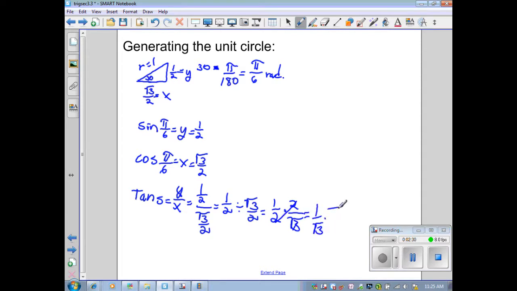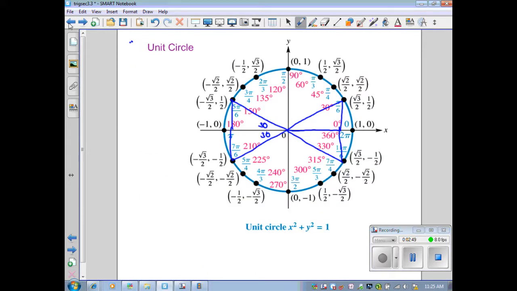Then I need to rationalize. And that will give me my answer for tangent of s, which is pi over 6, equal to the square root of 3 over 3. If I refer back to the unit circle, that generates our point on the terminal side of a 30-degree angle, which is equal to my x value, the square root of 3 over 2, and 1/2.